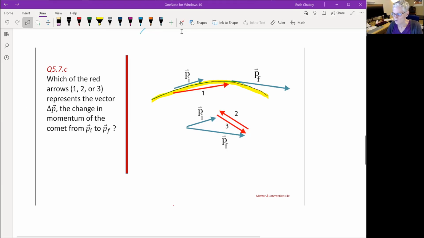Okay, so most of you are completely correct. Delta p is p final minus p initial. And so arrow 3 here is indeed the correct answer.